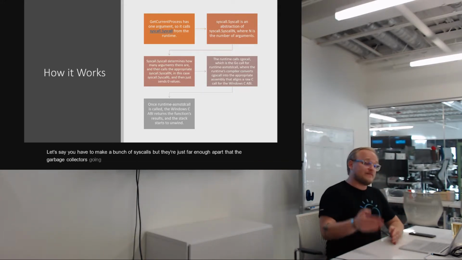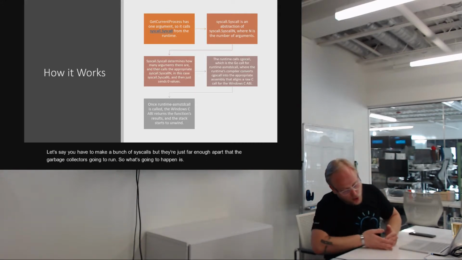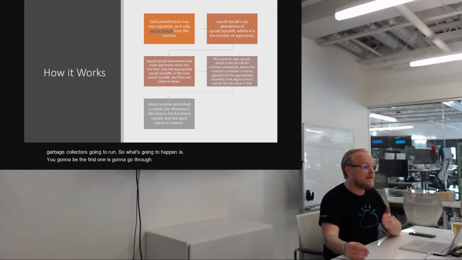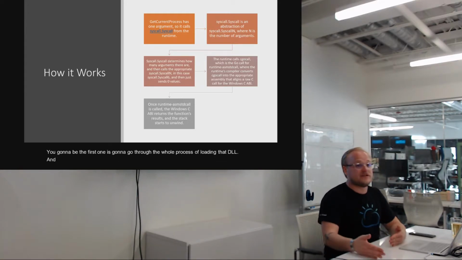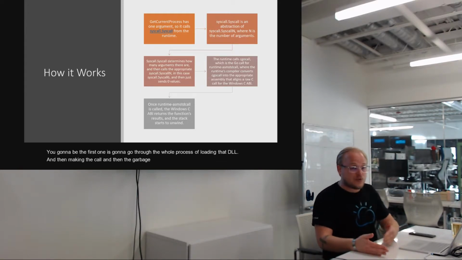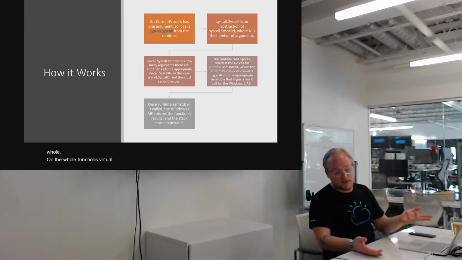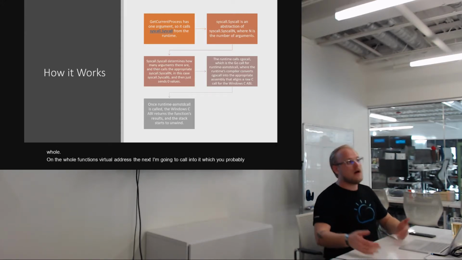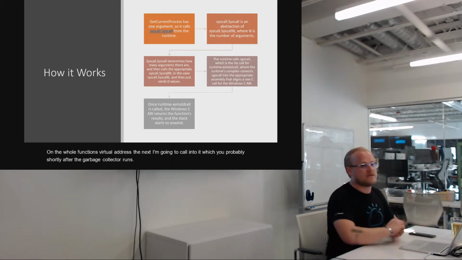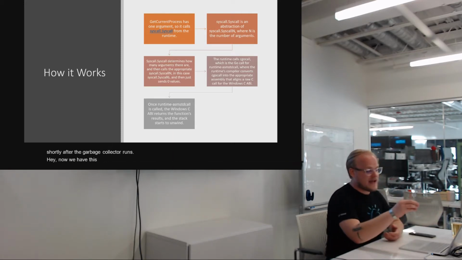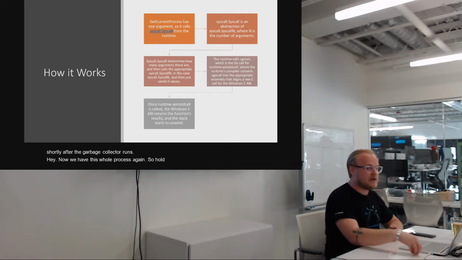You make the first one, and it goes through the whole process of loading that DLL and then making the call. Then the garbage collector runs and gets rid of that whole function's virtual address. The next time you go to call into it, which is probably shortly after the garbage collector runs, oh hey, now we have to do this whole process again. So having a way to hold those in memory would be great.